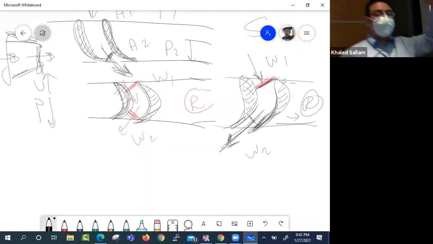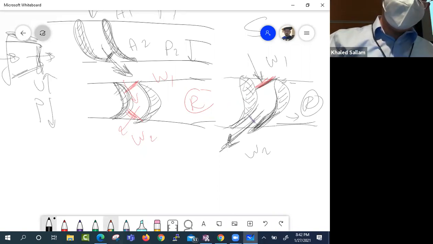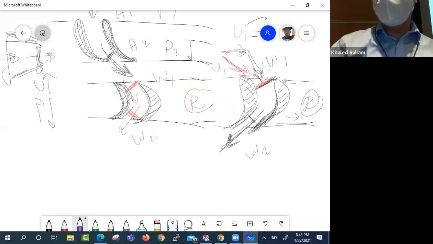So the stator shoots the flow, and it shoots it with what velocity? V1. And U1 plus W1 makes the V1. See, I'm trying to make V1 different from W1, and the difference between them is U1.